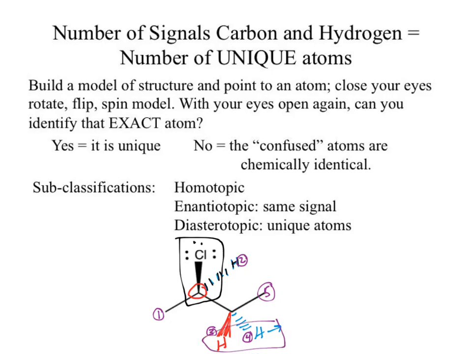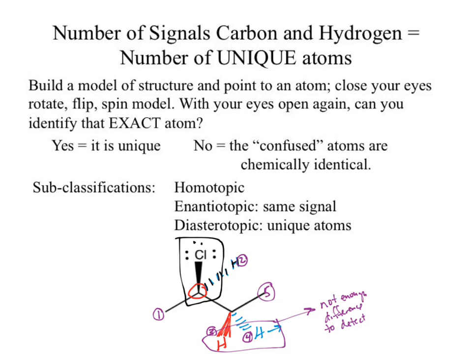The reason is that there was not enough difference to actually detect this. Are they still technically different? Yes. But when we look at the spectrum, all we end up seeing are 4 signals.